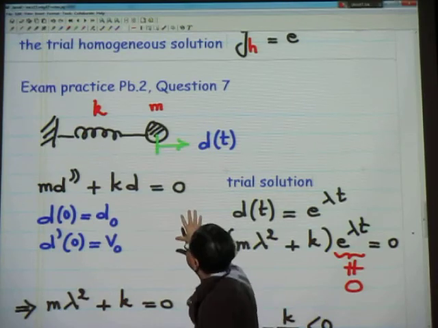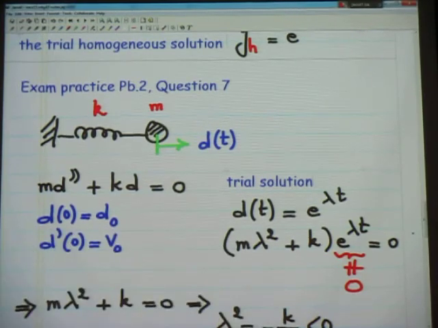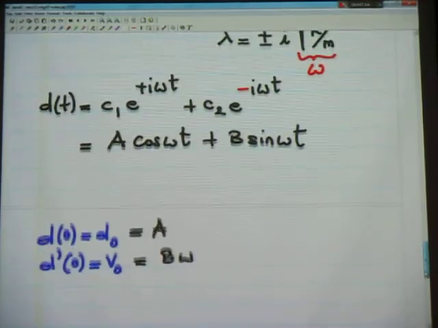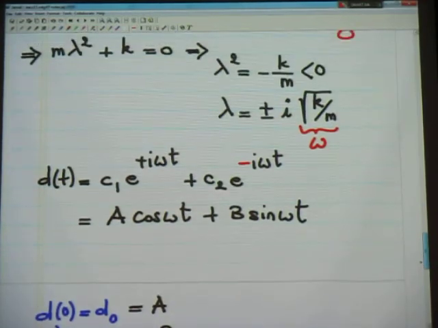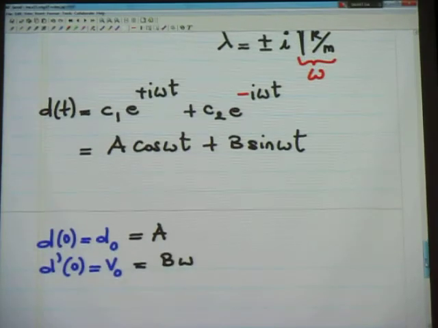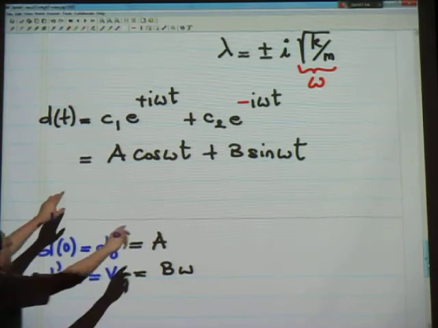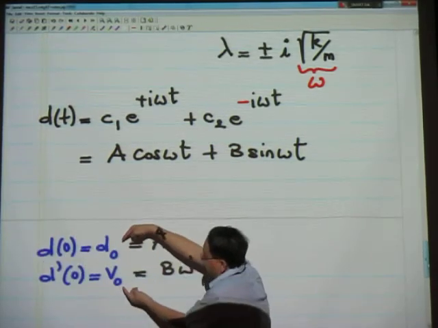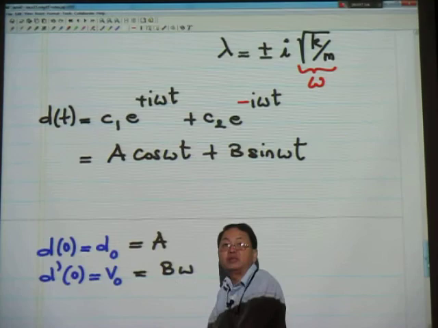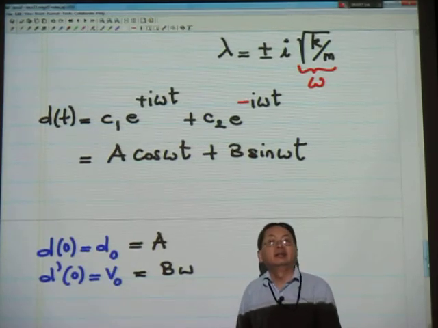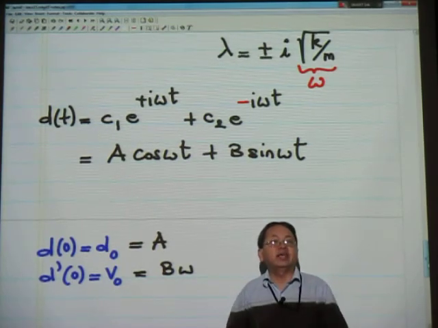And the justification is given in the result right here. And the reason is because the coefficients A and B both depend on the initial displacement and initial velocity. So that's a complete justification.